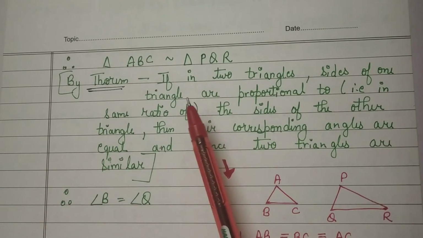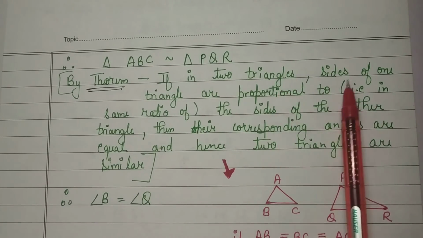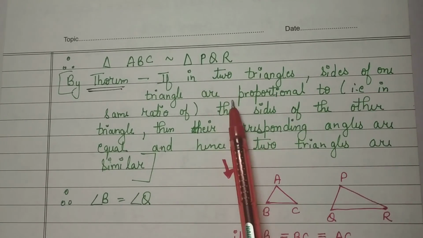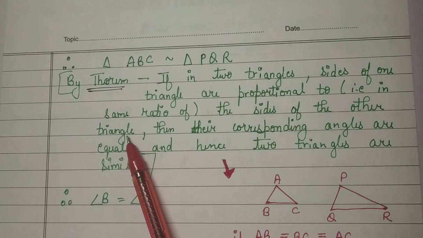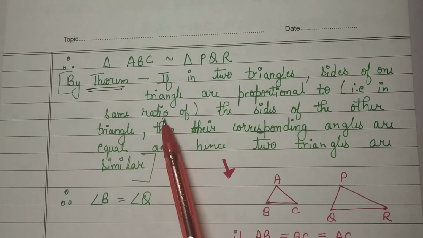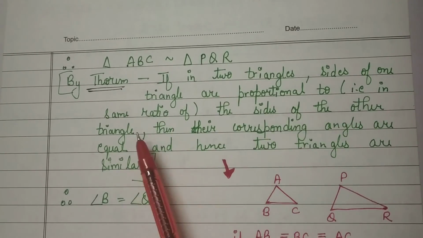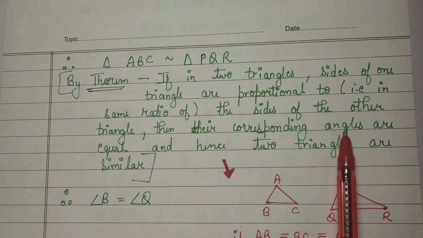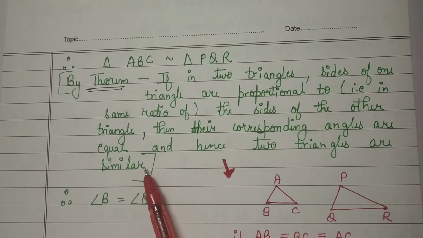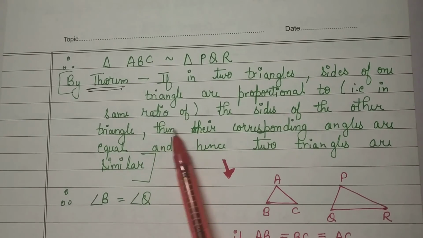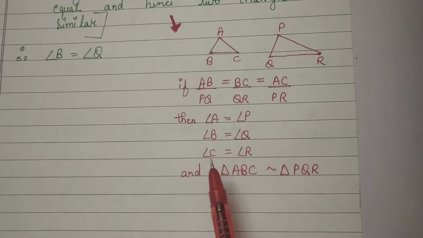By theorem. What says the theorem? If in two triangles, sides of one triangle are proportional to the sides of the other triangle, then their corresponding angles are equal and the two triangles are similar. If you are not able to understand this in theoretical form, let us do it in an easier form.